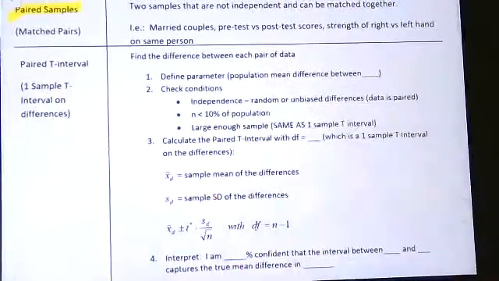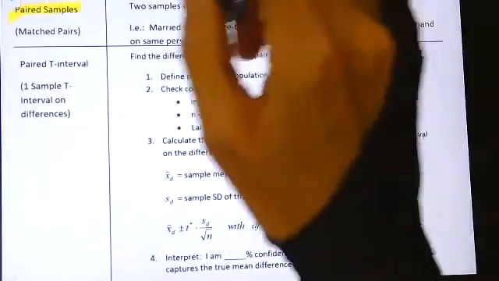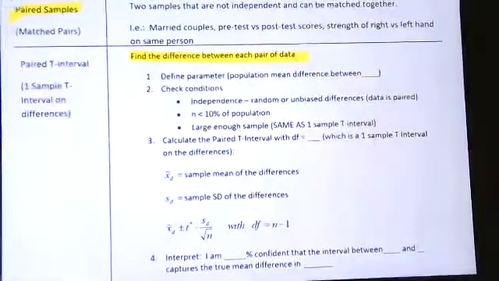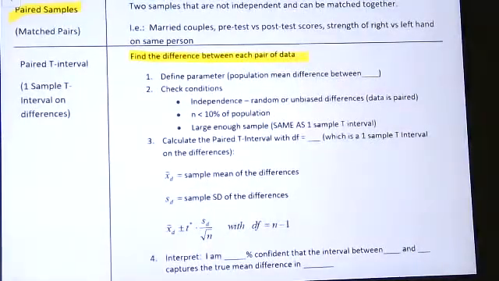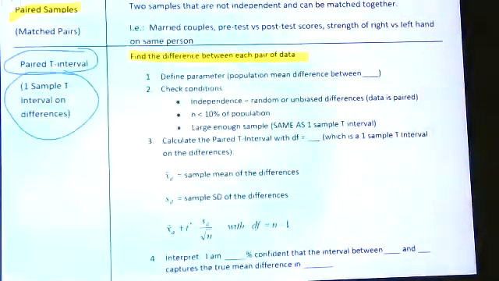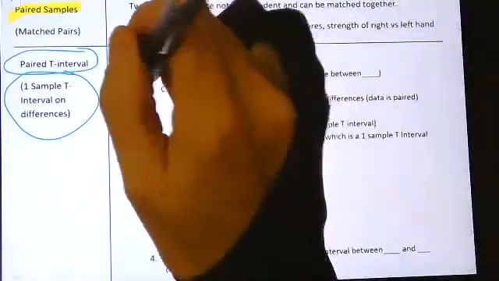But it's easy. All you do when your samples are paired is you find the difference between each pair of data. We call this a paired t-interval, but all it really is a one sample t-interval on those differences. So we take all the differences and then we do exactly what we did with one sample. So you've defined your parameter.